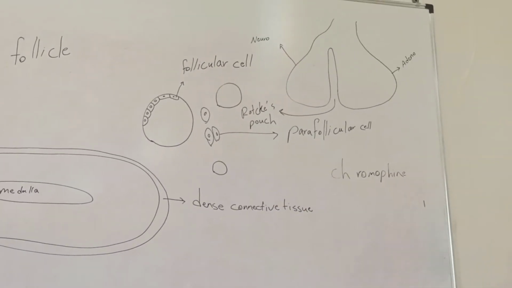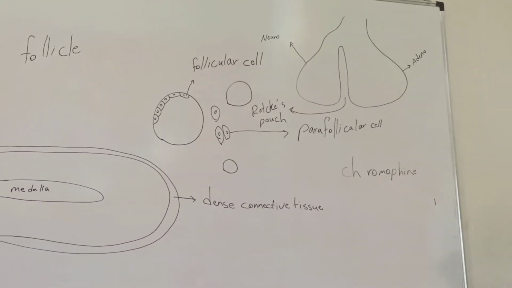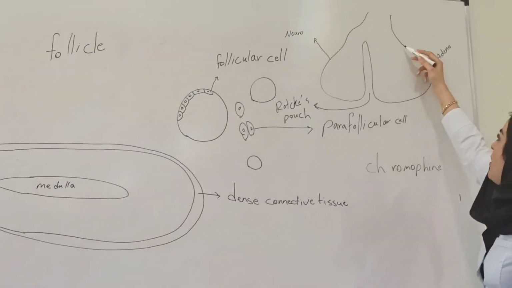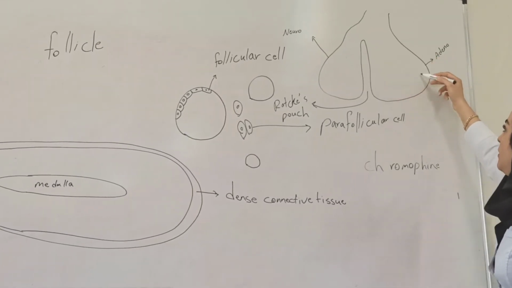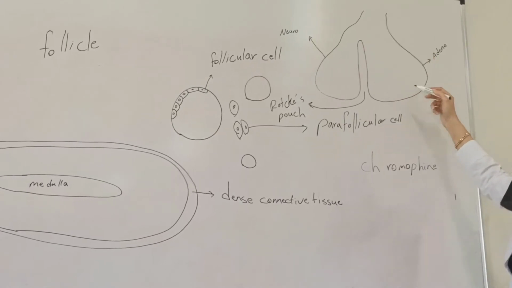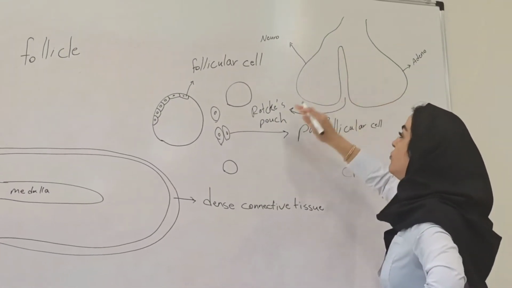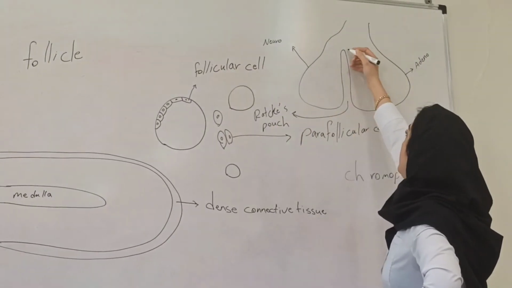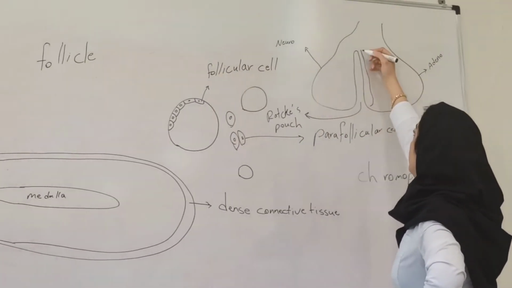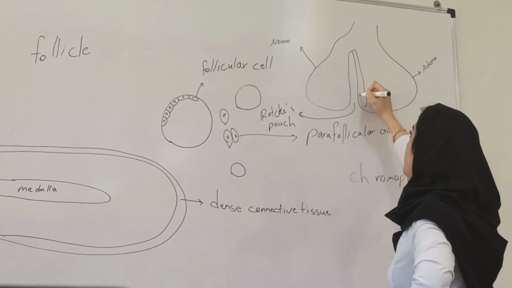Adenohypophysis has three parts. These parts are called pars distalis. The part which is near to the Rathke's pouch is the intermediate part.